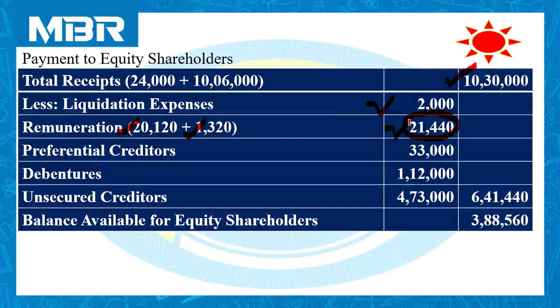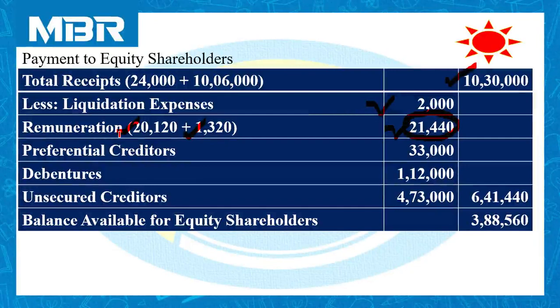So at this stage of calculation, we are aware that the liquidator is entitled to get 2% on the total asset realized, and it is amounting to 20,120, and 4% on the preferential creditors.